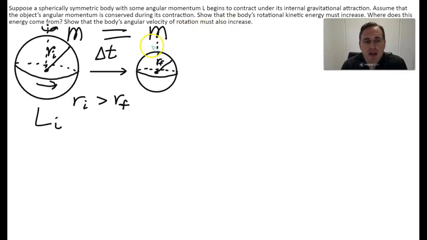That's what the problem tells us, and that's what we're asked to prove. So it has a larger angular velocity, but I think its angular momentum should stay the same. That is, L initial and L final should be the same.